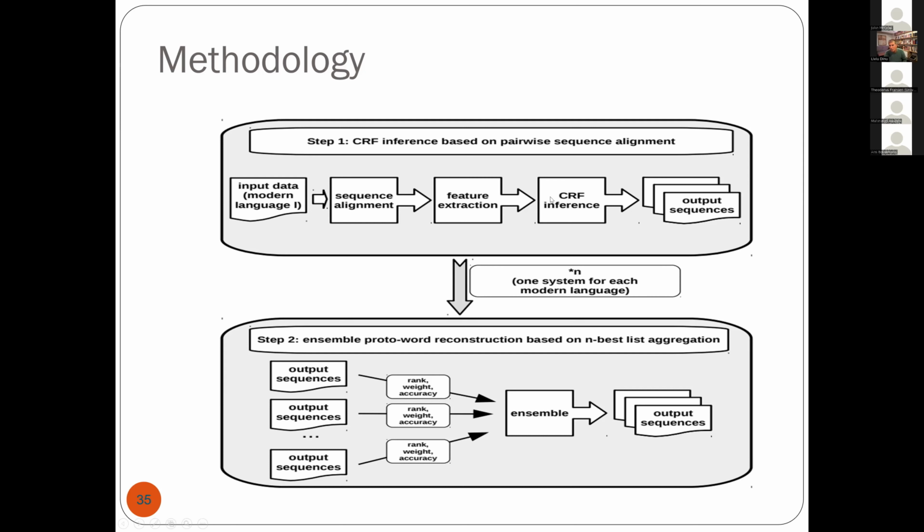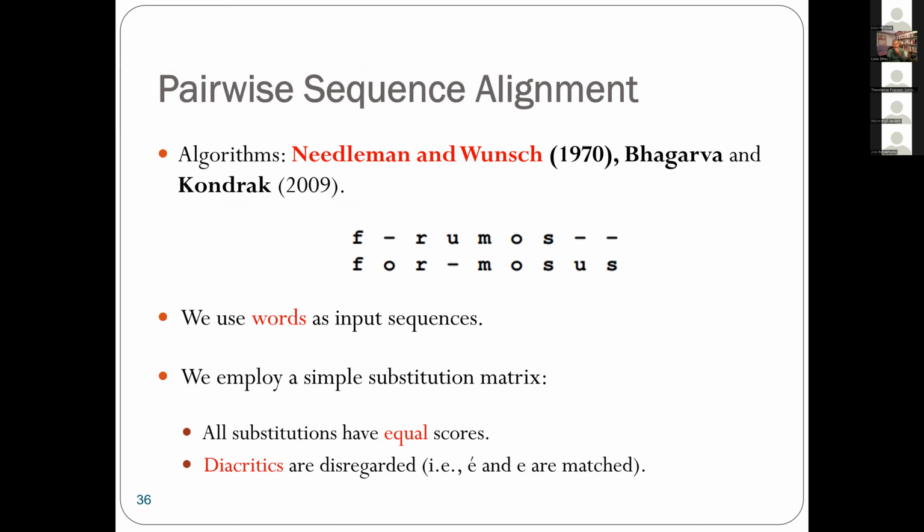So this was the step for each language in part. And finally, we obtain an output sequence for each language, and we apply one ensemble which we define in our strategy, and finally we obtain a better result.